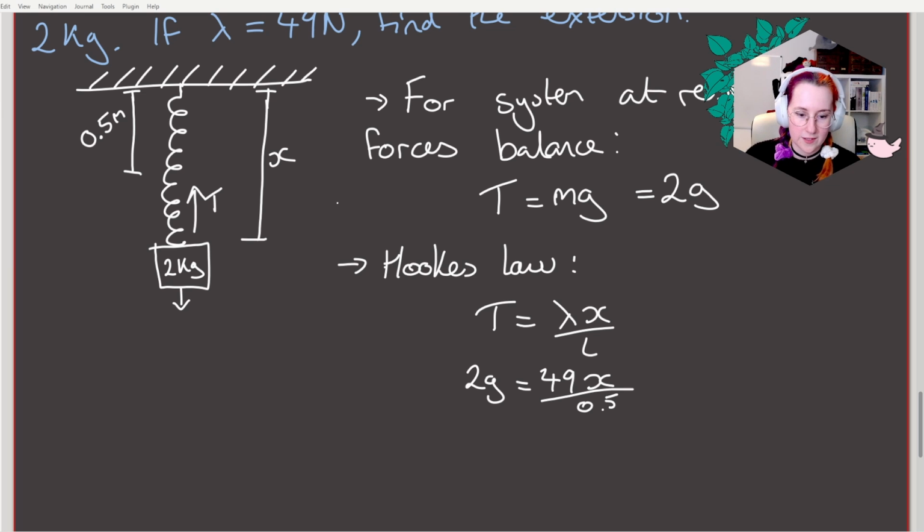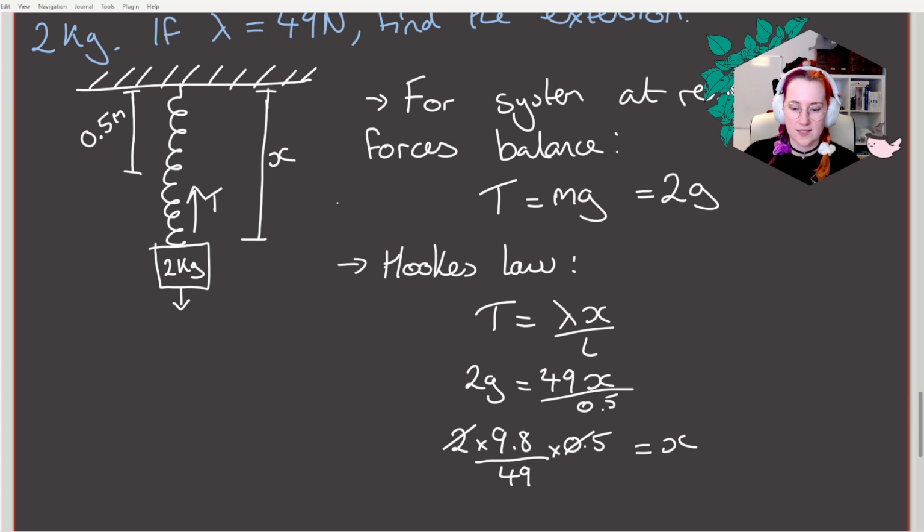So that gives us 2 times 9.8 over 49 times 0.5 is x. So the 2 and the 0.5 cancel out. You've got 9.8 divided by 49. So what we end up with, x is 0.2 meters.